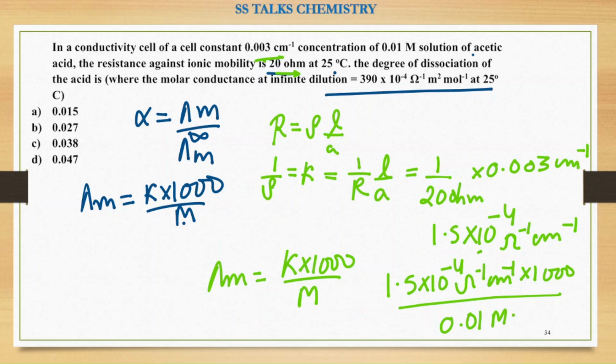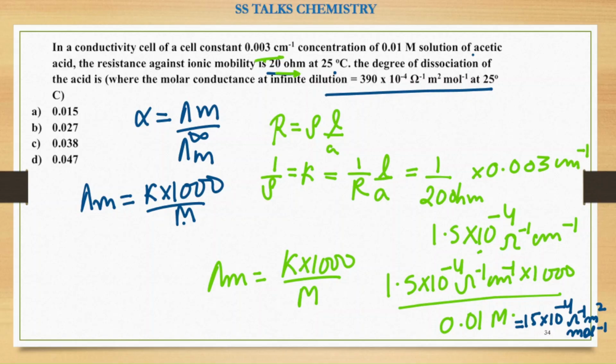Solving this, we get the value as 15 into 10 raised to the power of minus 4 ohm inverse meter square per mole inverse. This is the value you will be getting.